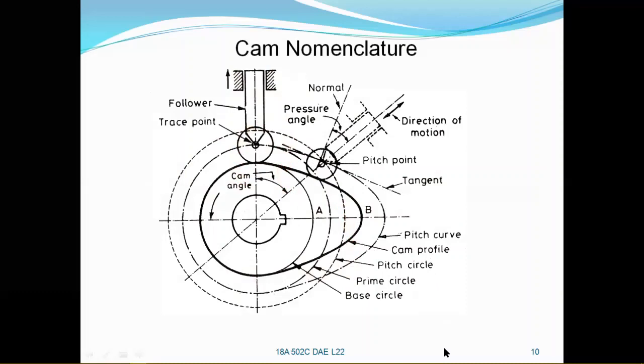One is the base circle, prime circle, pitch circle, cam profile, pitch curve, tangent, pitch point, direction of motion, pressure angle, and normal, follower, trace point, cam angles.